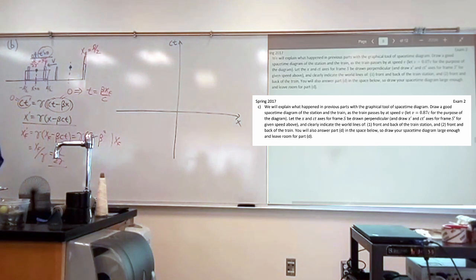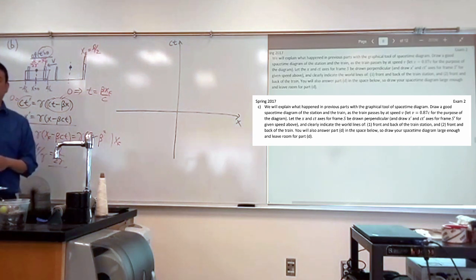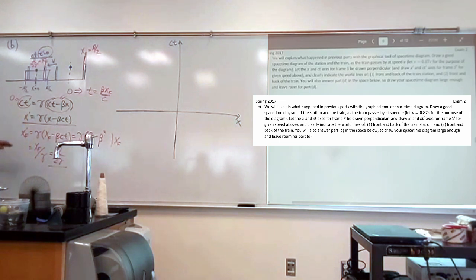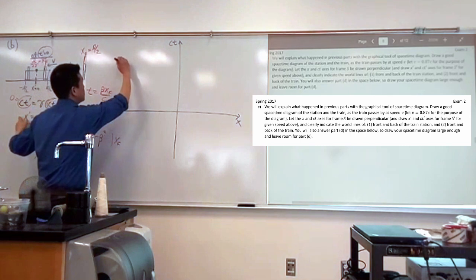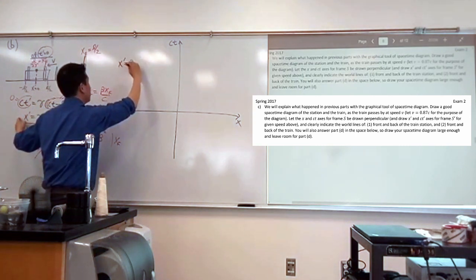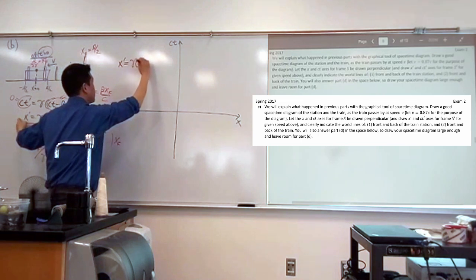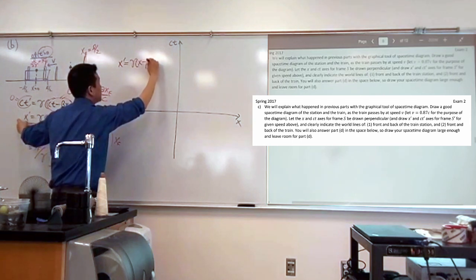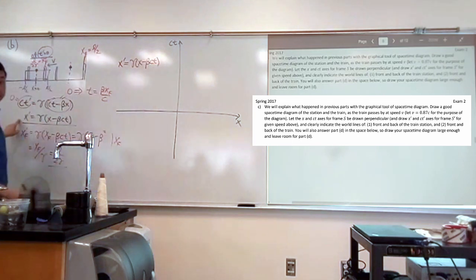I guess I could tie what I'm going to draw with something that you have seen. Let me point to the correct one. Lorentz transformation. So Lorentz transformation says that x prime is equal to gamma (x minus beta ct), right?